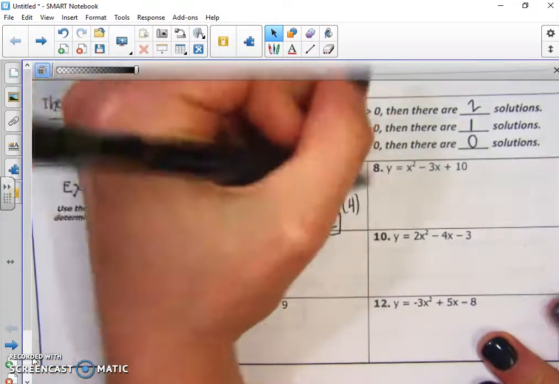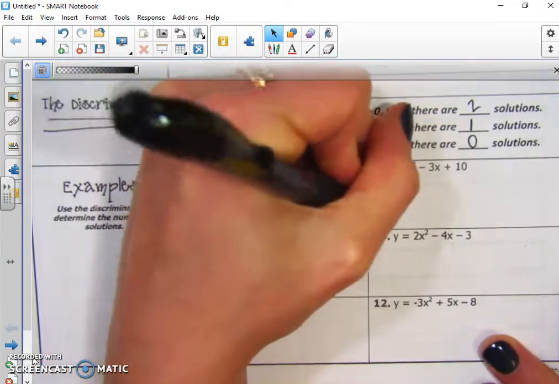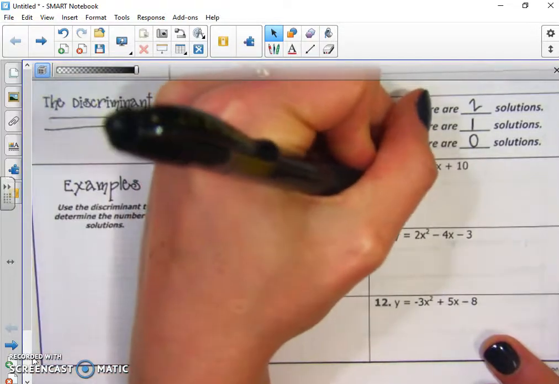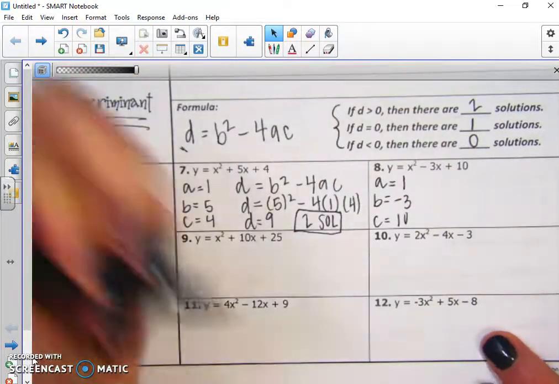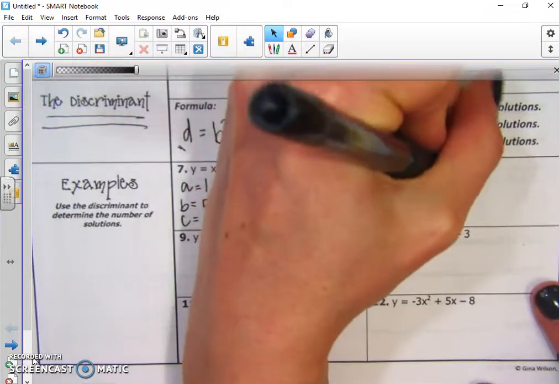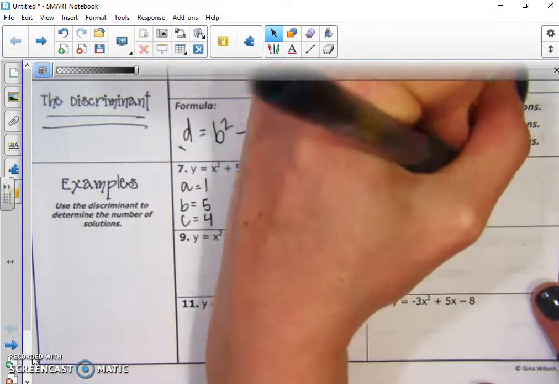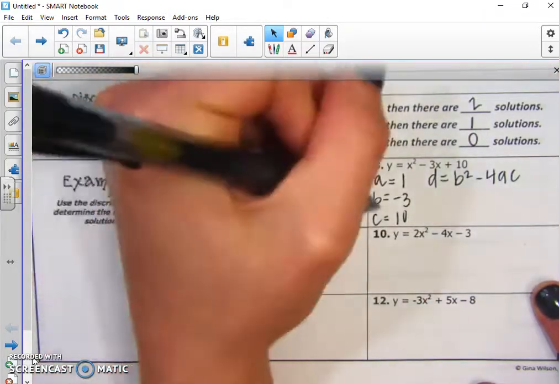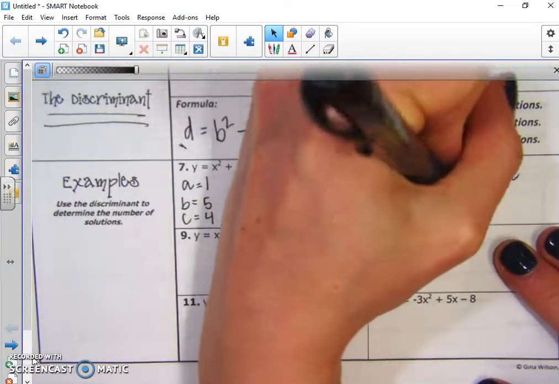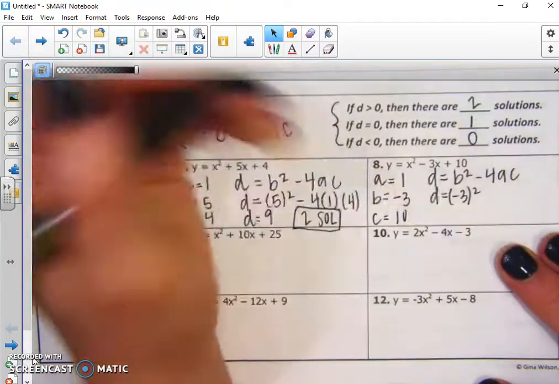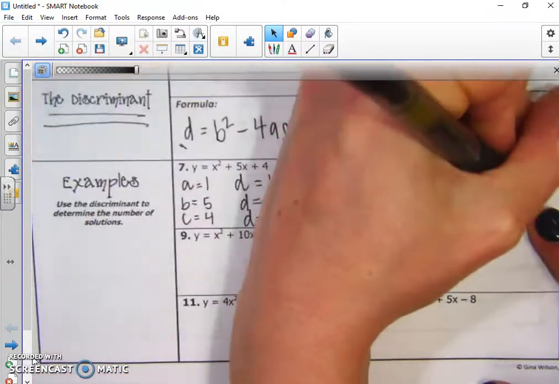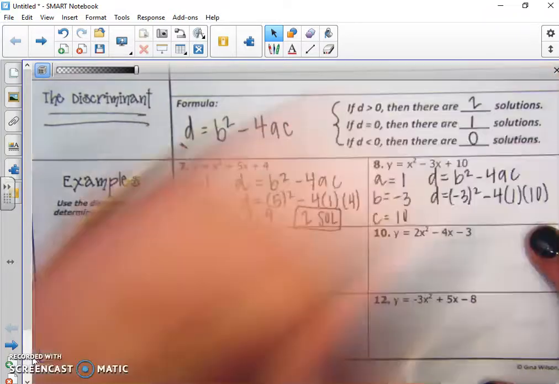Let's do the same for number 8. So we'll identify A, B, and C. A is 1, B is -3, C is 10, and we're going to plug it into the discriminant formula. D equals B squared minus 4AC. So we have -3 squared, notice I'm always putting it in parentheses, minus 4 times 1 times 10.